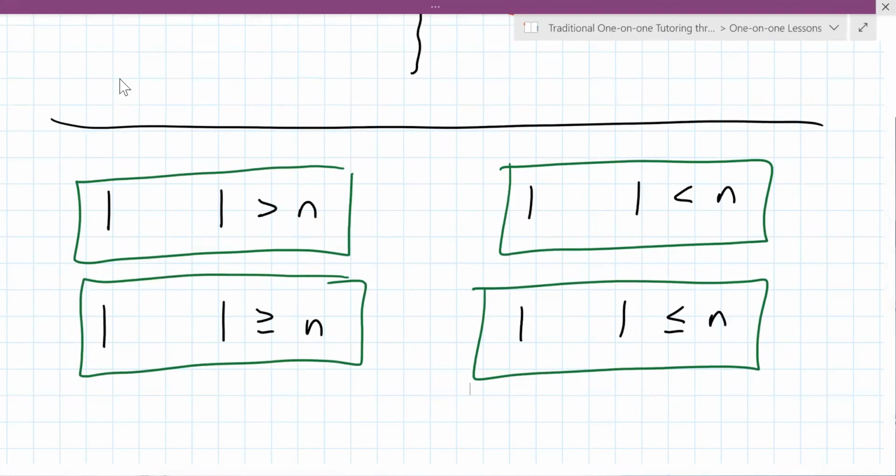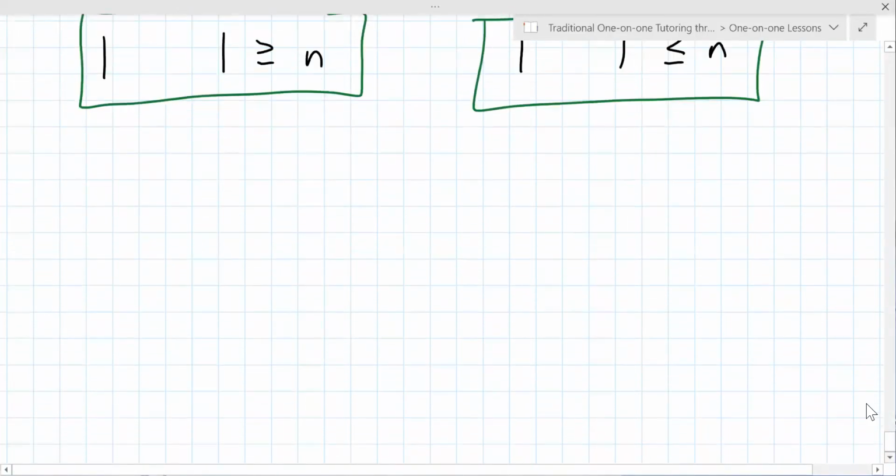Now let's look at maybe another possibility here. -4 greater than or equal to -2 absolute value of x plus 5.